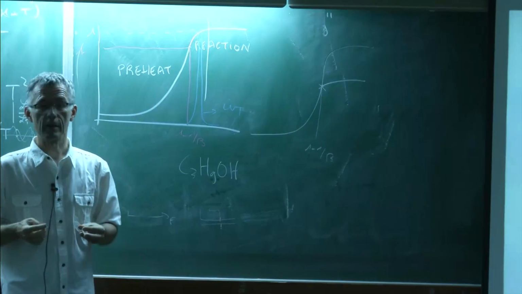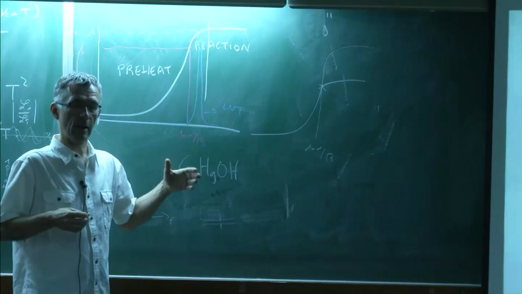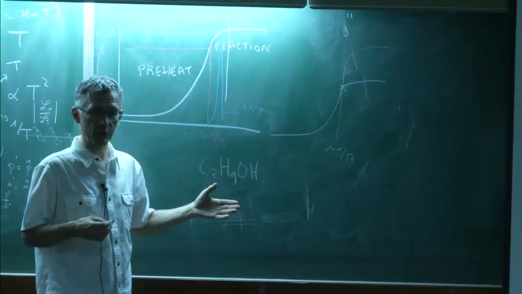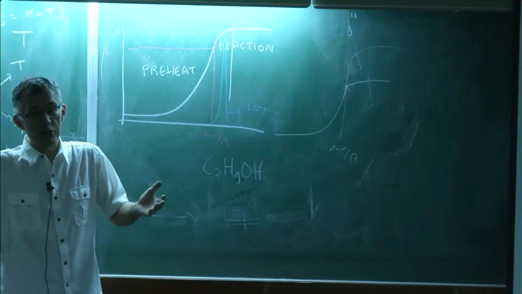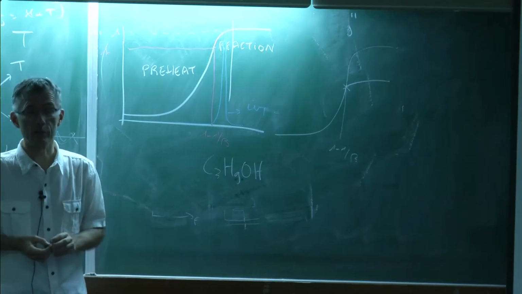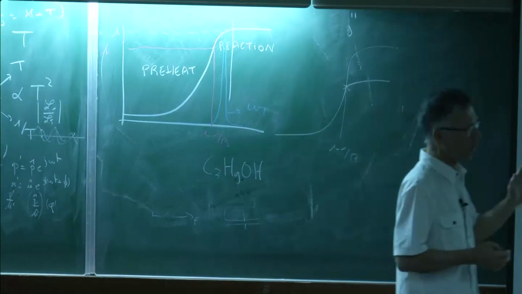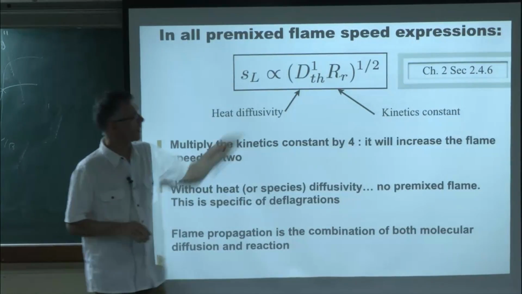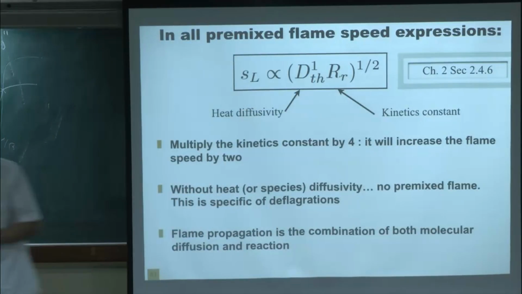He has no idea. Well, it's not his job, but it becomes your job now, because if you want to run a premixed laminar flame code, you need to specify the mass diffusivity of all species. And for many species, we just have no idea what we should use. So that, by the way, tells you that going from kinetics to flames is a big step. And the big step is diffusion. Molecular diffusion must be done with precision.